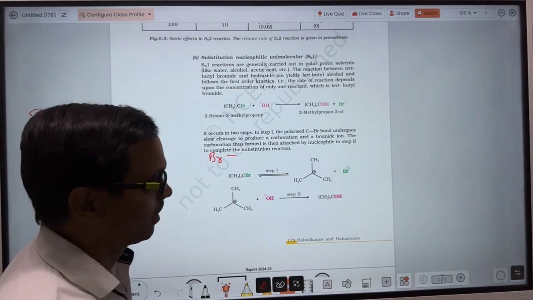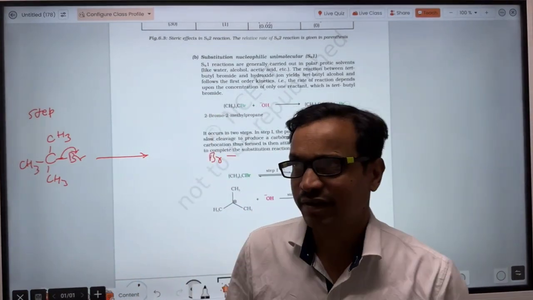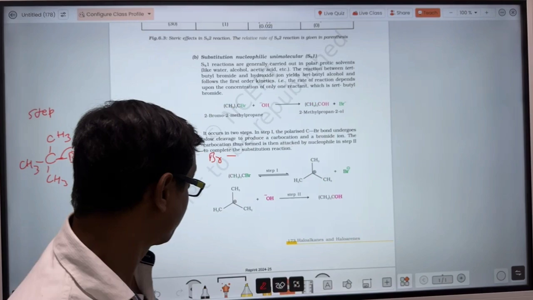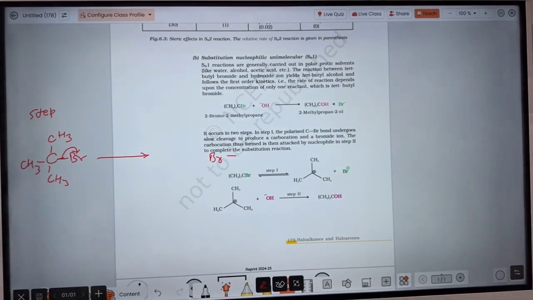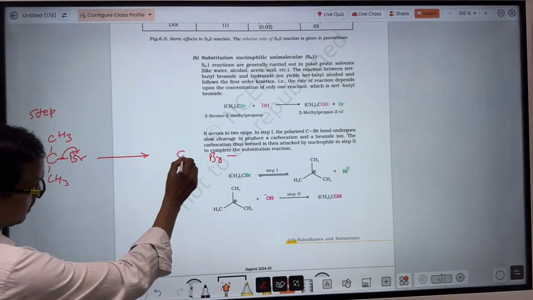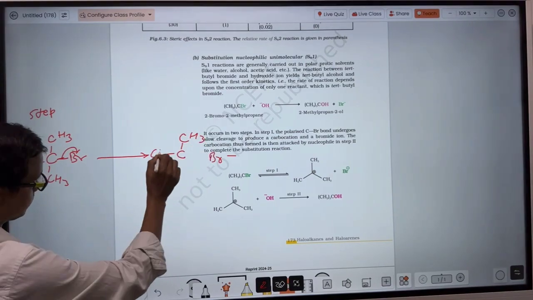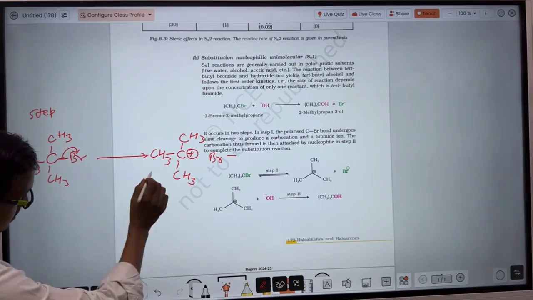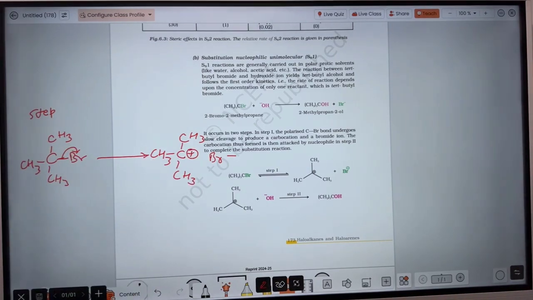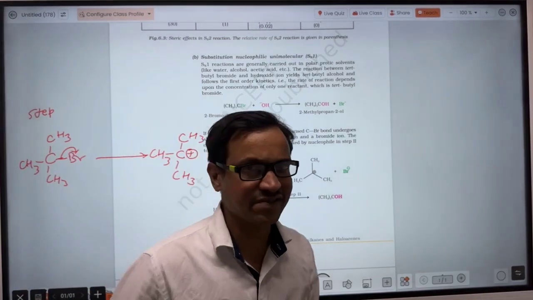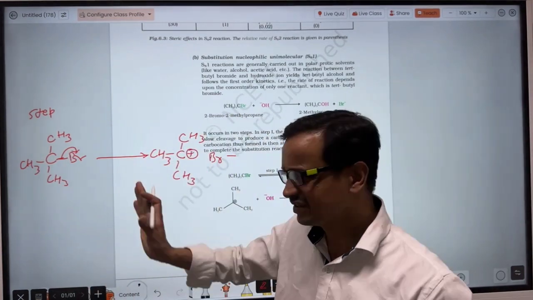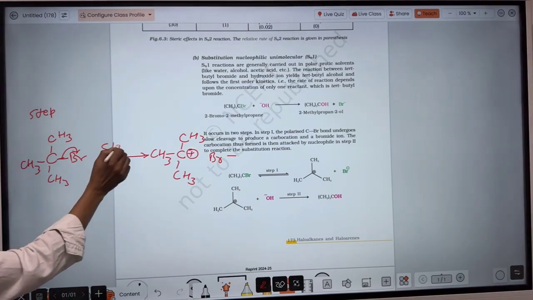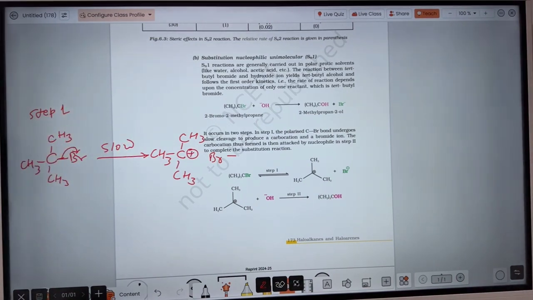But for the carbon, there is a loss of electron, so there will be development of a positive charge. Here, this methyl group. And in this reaction there is cleavage of the covalent bond, so that will take place slowly. So this step will be the slow step. This is the slow step, step 1.